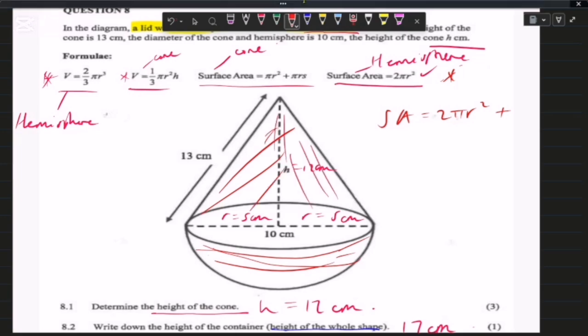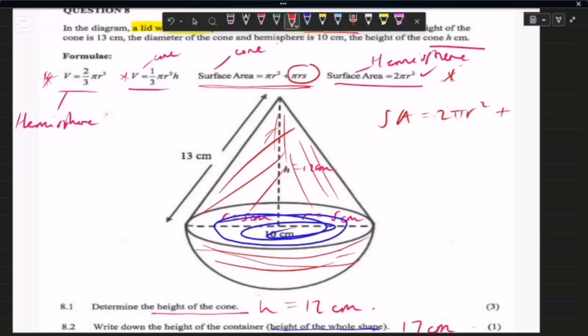In other words, this circular base is on the inside of the shape, okay? Because it's on the inside of the shape, if I'm painting this thing, it will be impossible for me to paint the inside of the shape, because this is a closed object. Hopefully you can see that. Now, because of that, we must understand that the only portion that we will consider in this formula is the slant part.